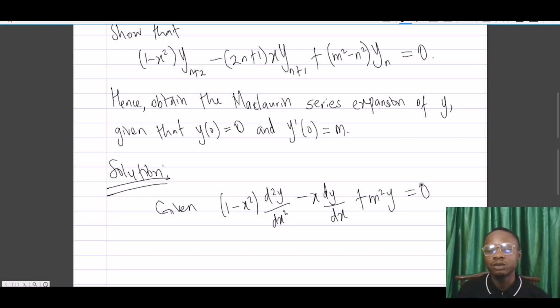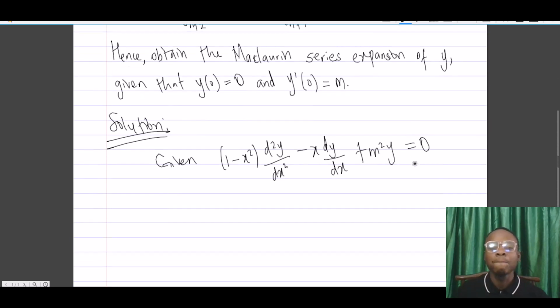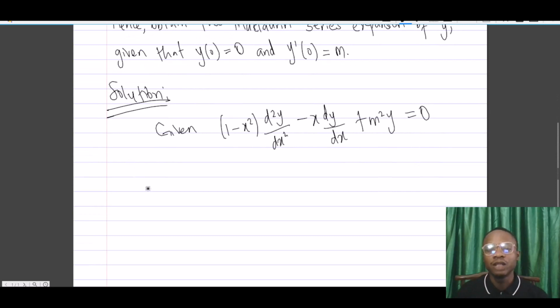So this is what we already know about the function. Then we know that to arrive at the n plus 2 derivative, we should take the nth derivative of both sides. That means we should get the nth derivative of all of this.